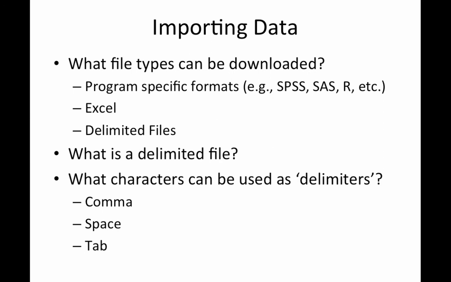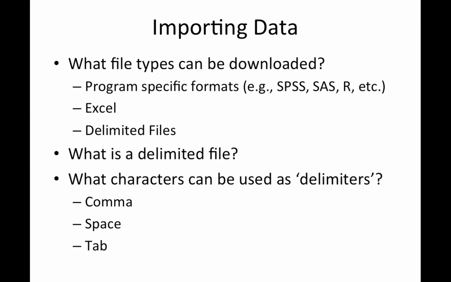What will then happen when you go to import your data is that at some point in the import process, you would be prompted to identify what character is used as the delimiter. There are usually check options for comma, space, and tab, but if none of those are appropriate, there's usually something like an other, and you can specify what character.